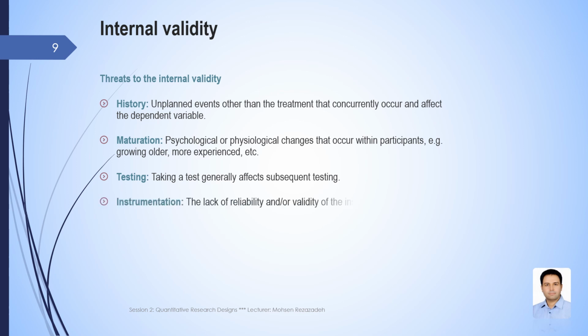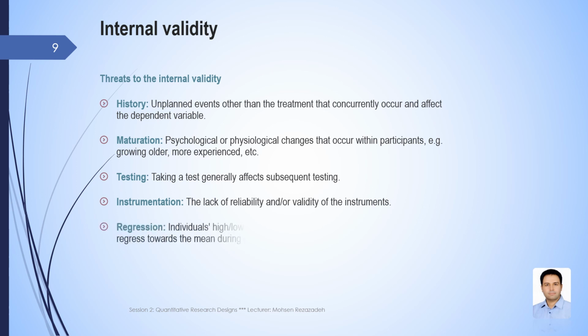The next threat is related to instrumentation, that is, the lack of reliability or validity of the instruments. We can take care of this issue by applying reliable and valid instruments, or training our observers and using short observations, in order to have valid and reliable instruments in our study.